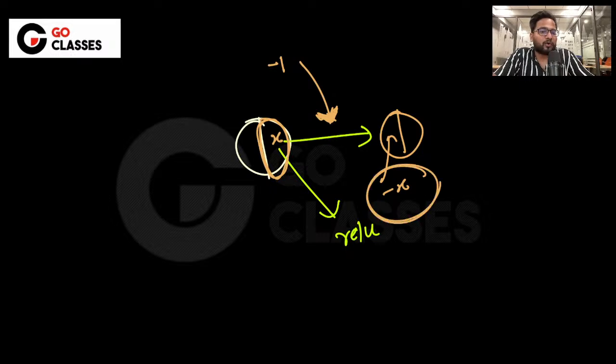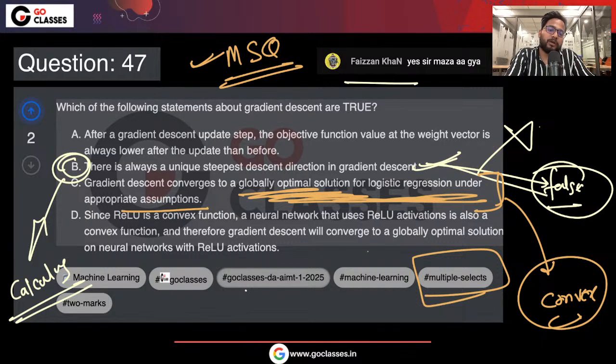Is this minus x a convex function? This is very simple: even if you put a negative sign, the final result will not be a convex function. So they are saying that if you use ReLU, you will always get the global optimum solution, but that is not necessary.